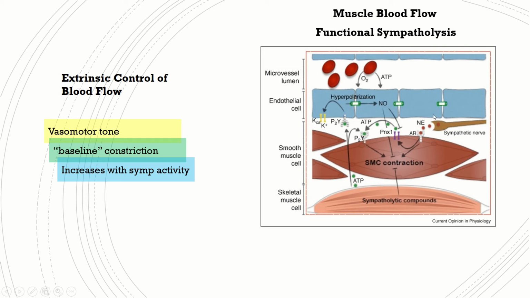So they are working to offset sympathetic activity and hyperpolarize the membrane, therefore making it more difficult for vasoconstriction to occur. Since they are blocking sympathetic activity at the smooth muscle, vasoconstriction does not occur at the muscle level, vasodilation occurs, which allows more blood to reach the muscles.